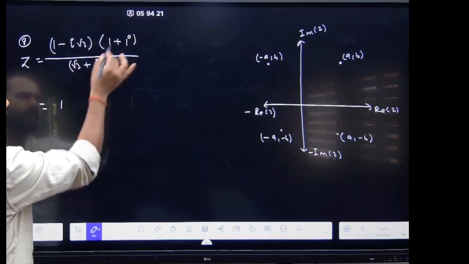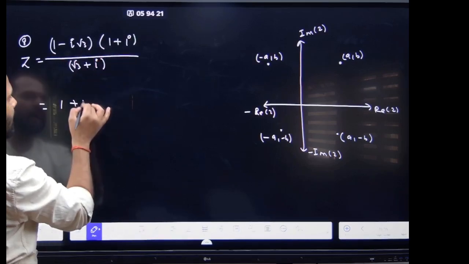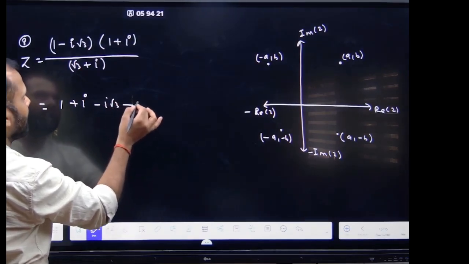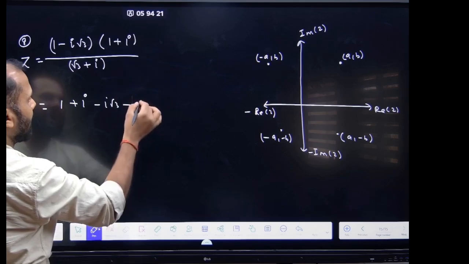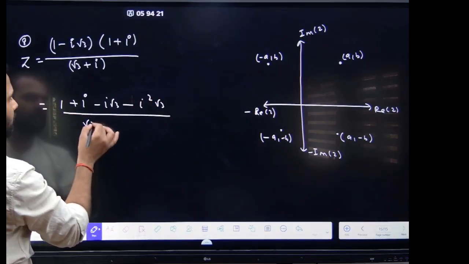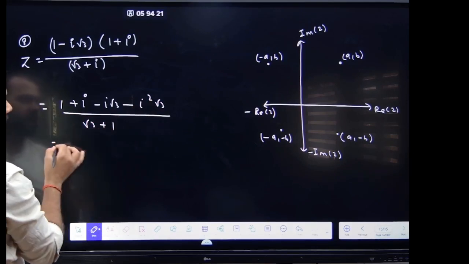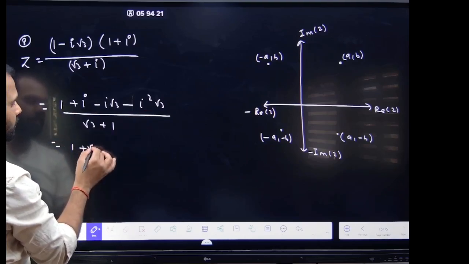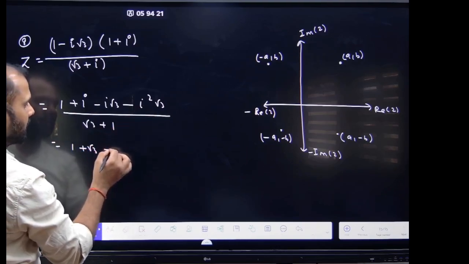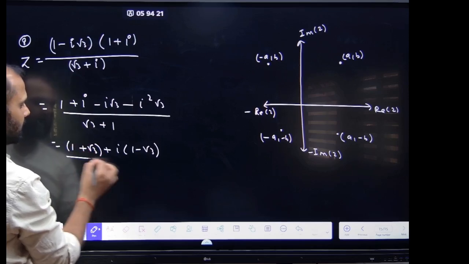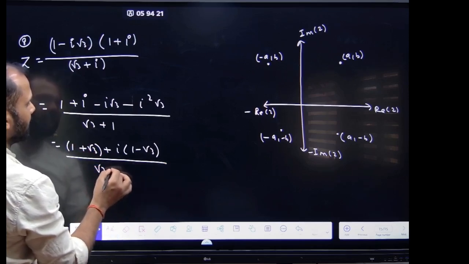If you multiply this with this, 1 plus i, this with this, I can write i root 3 minus i square root 3, divided by root 3 plus i. I square is minus 1, am I right? Minus means I can write 1 plus root 3. This i square is minus 1. Take i common, 1 minus root 3. Can I write like this? Divide by root 3 plus i.